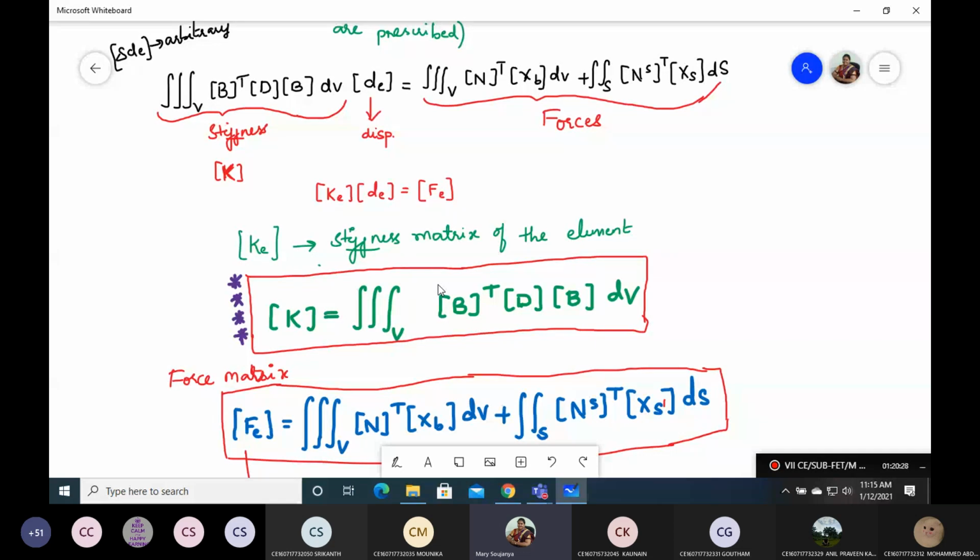Then the solution for equilibrium equations results into nodal displacements of all the nodal points.